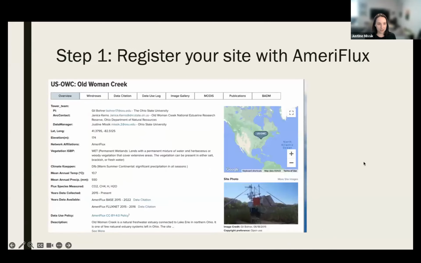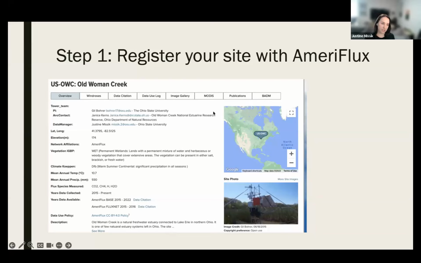Once your site is registered, every site in AmeriFlux will have a web page for the site on their website. This is just the Oldham Creek site as an example, but you'll be able to see a lot of different information about the site, what years' data are available for the site, information about data citation, like how to cite data from that site, publications that are using data from that site, and that sort of thing.